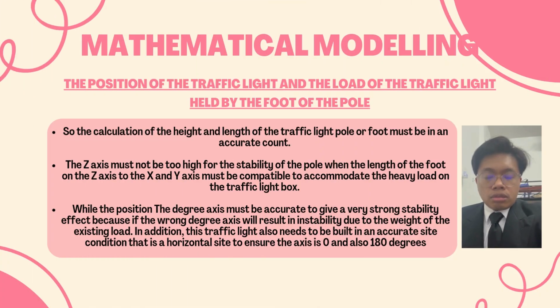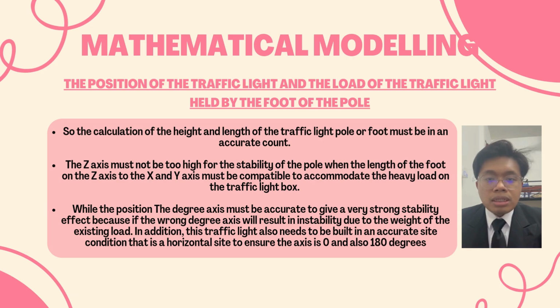So right now I want to talk about mathematical modeling, the position of the traffic light and the load of the traffic light held by the foot of the pole. The calculation of the overhead and length of the traffic light pole or foot must be accurate. The z-axis must not be too high for the stability of the pole, and the leg of the foot on the z-axis to the x and y-axis must be compatible to accommodate the heavy load on the traffic light box.